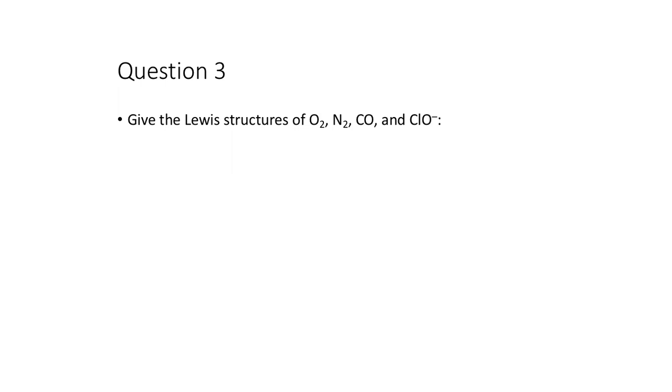So let's give a couple Lewis structures for diatomic molecules. For diatomic molecules, what I would do is just take into account the number of valence electrons. For O2 it is 12. I have to satisfy, if I can, the octet rule. The only way I can satisfy the octet rule for oxygen is with a double bond.